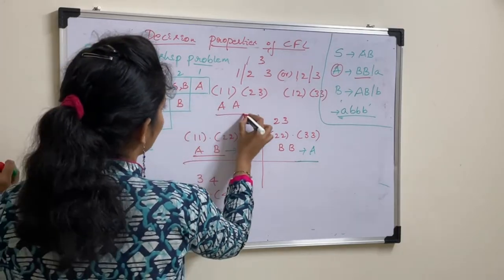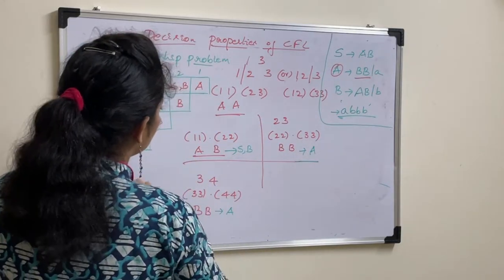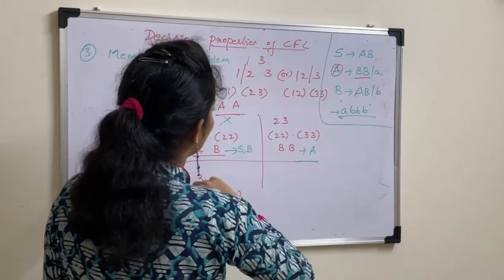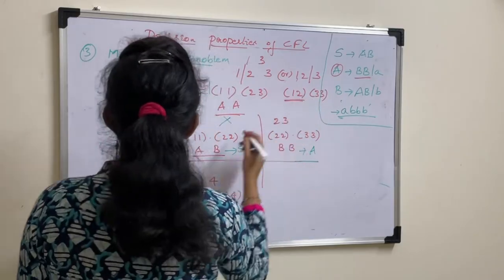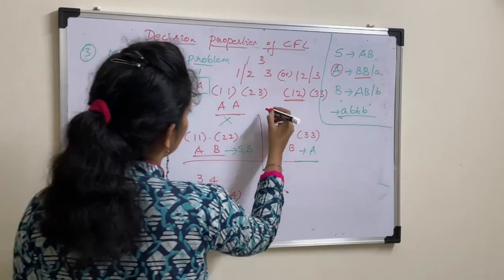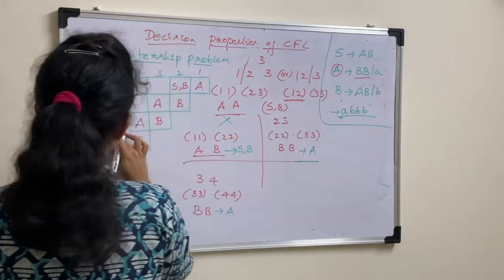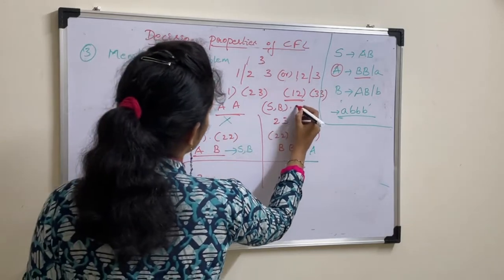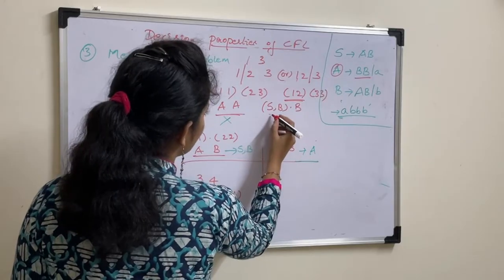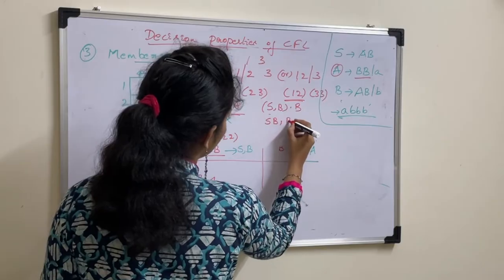So check if there is any production deriving AA. No, so it is not deriving anything. Now check the remaining part. 1 2 means S comma B, and 3 3 means B. So this can be written as SB dot SB comma BB.